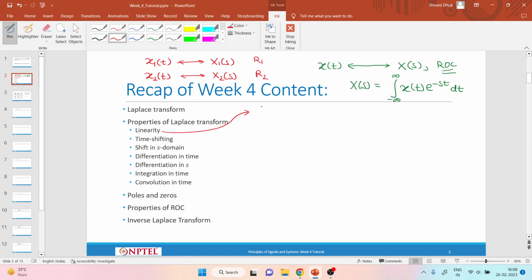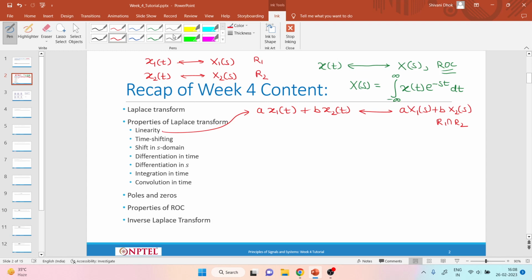The linearity property says that if I consider a linear combination of these two signals, that is a times x1 of t plus b times x2 of t, then its Laplace transform will be a times x1 of s plus b times x2 of s, and the ROC will be R1 intersection R2.